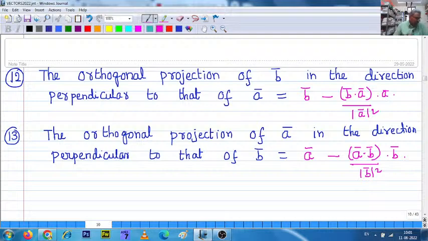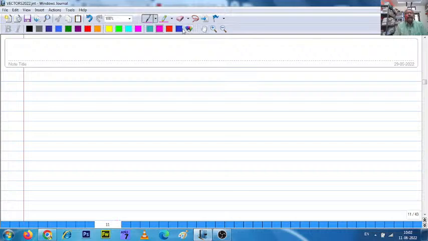So next let us move to the length of the orthogonal projection. Length of the orthogonal projection means that is a scalar quantity, and also it should be positive. Length is always measured in positive sense. Okay, let us move to 14th point.